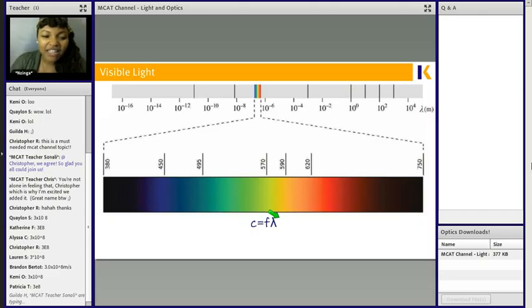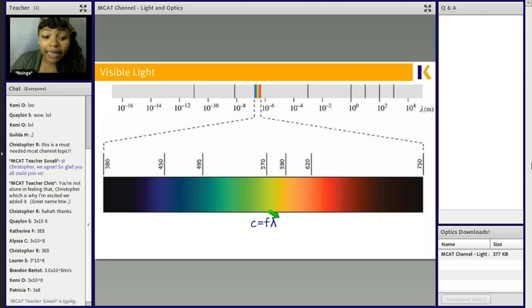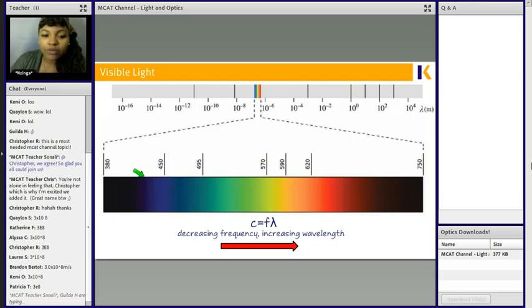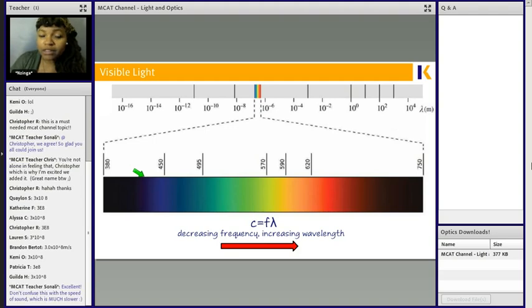Excellent, okay. So it's going to be 3 times 10 to the 8 meters per second. So if we think about that as we go from our ROY G BIV, except backwards, then we definitely do know that we're going to have that decreasing frequency and that increasing wavelength that we're going to be thinking about, okay?